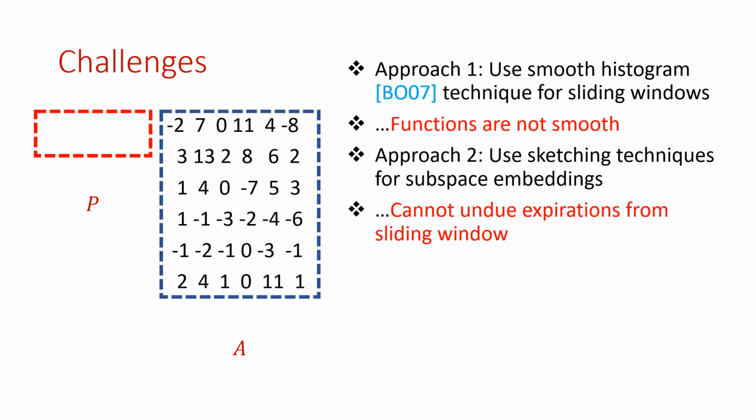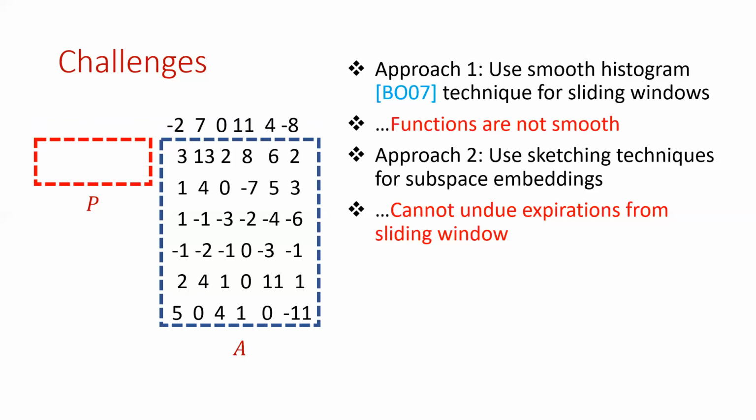For example, let's suppose that I have this matrix A and a sketching matrix P so that I always maintain the matrix P times A. Now the challenge is that when we get a new row to A, we'll see a row expire implicitly, so that we know the time of this row, but we don't know the row explicitly, and thus we cannot undo the effects of P times this expired row in the sketch that we maintain. And this is a general challenge for any sketching-based technique for the sliding window model.